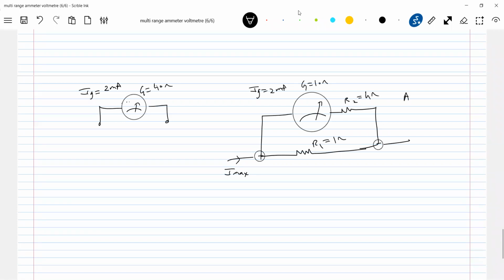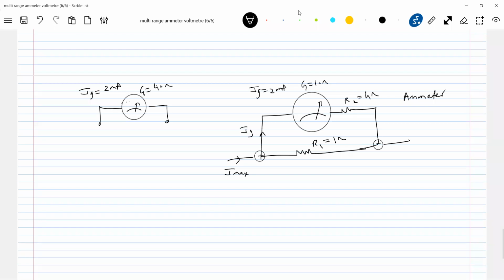Let it be an ammeter. But sir, R2 is a resistance in series, so this can also be a voltmeter. Look here, I didn't apply the voltage here. I just connected one resistance in parallel with the galvanometer, so this will be the shunt. So even this will become an ammeter. We'll see the expression for Imax here.